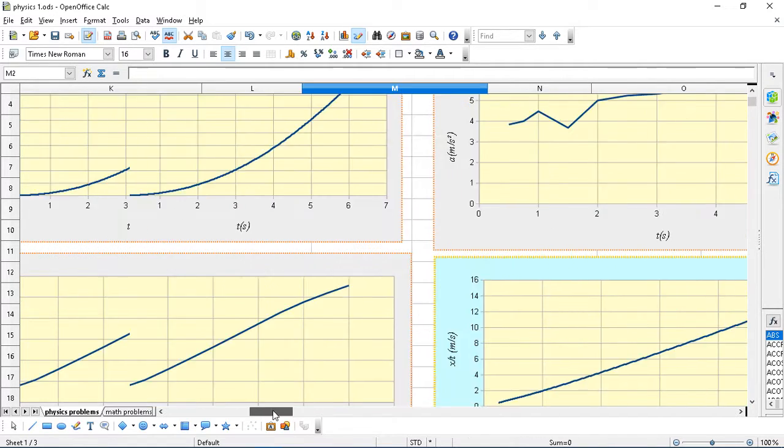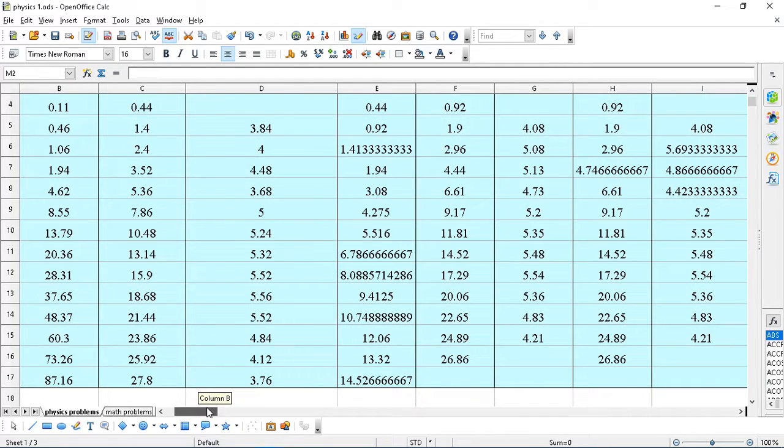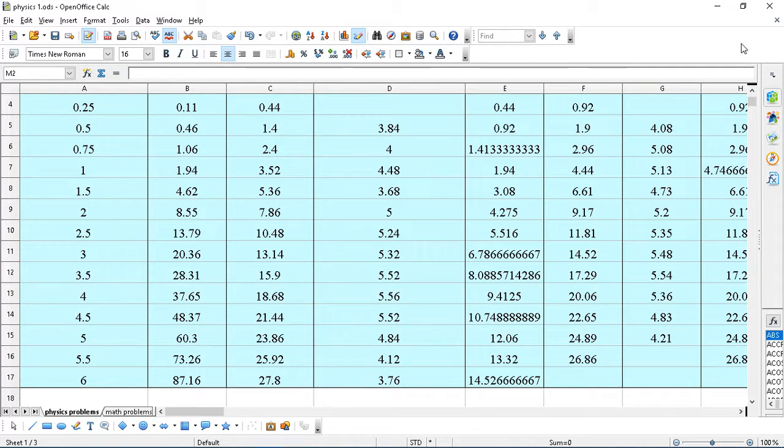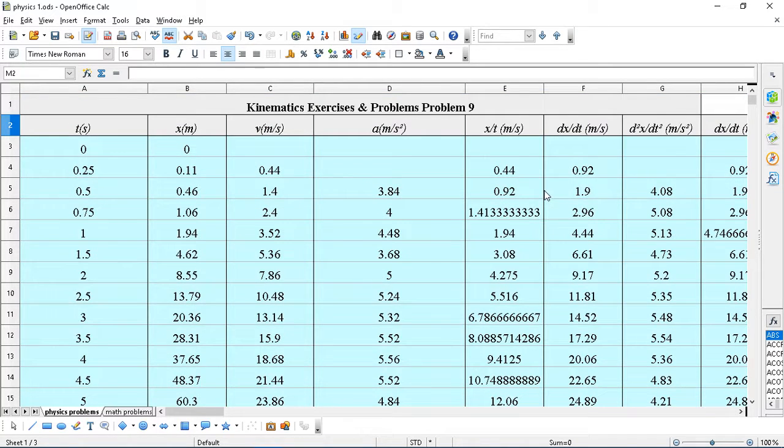Okay, now let's go on to explain something from problem 8, which you can see by looking at the cells here. If you see these formulas, you see how they vary down the column.